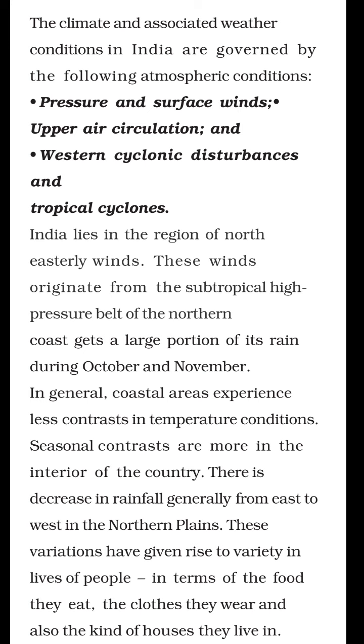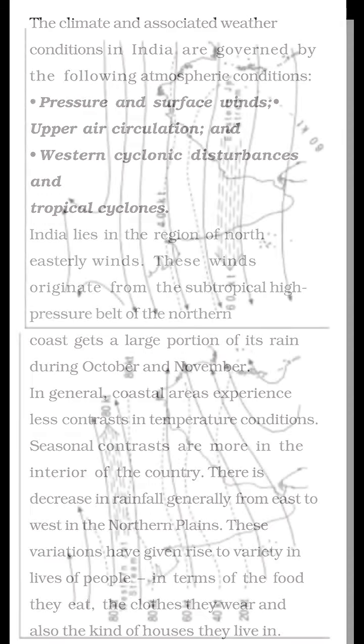Then the upper air circulation. Upper air circulation means it is at the high atmospheric areas where the jet stream flows. The wind current in this area is very high at the high elevational areas.